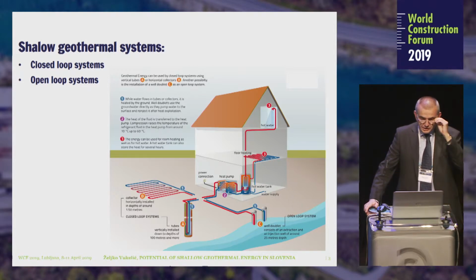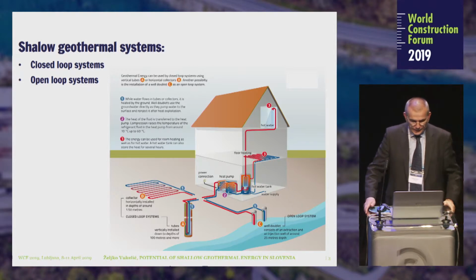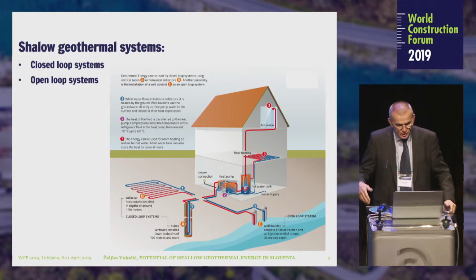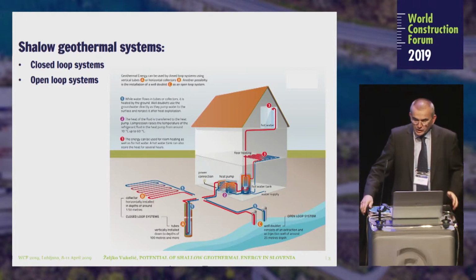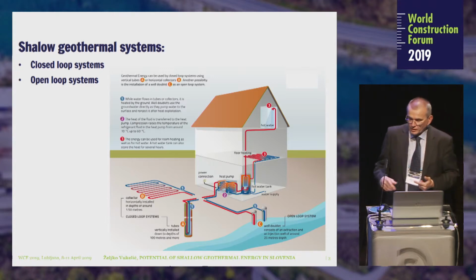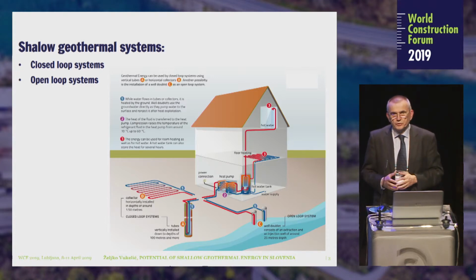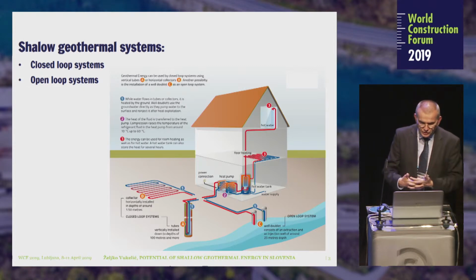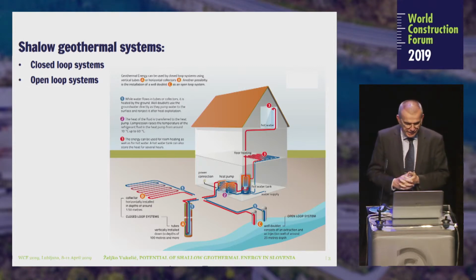In shallow geothermal systems, we have two types: closed loop systems and open loop systems. When we are talking about heat pumps, of course you know that you also have air heat pumps, which use the air for heating, but here we are talking about geothermal heat pumps.